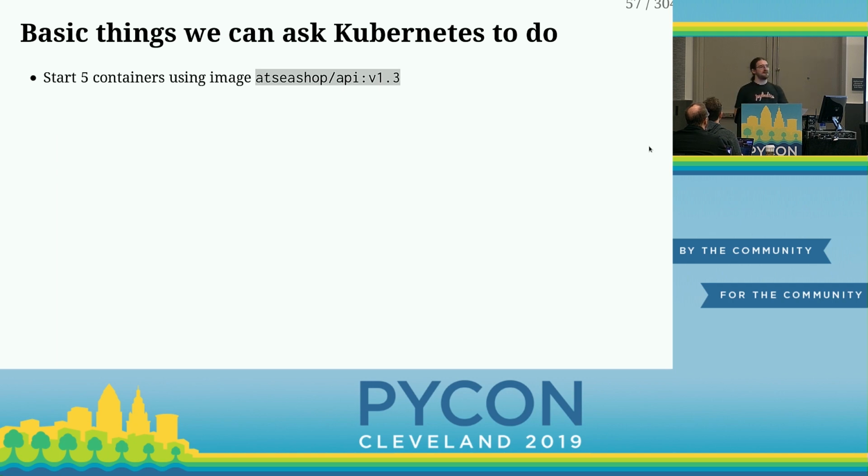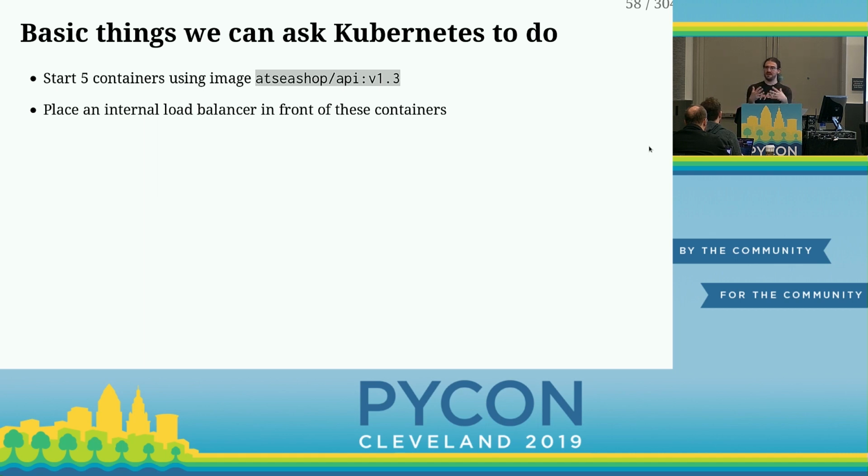Let's pretend for this example that I have an e-commerce website, and I decided to break that down into multiple tiers. I have a web front end, an API server, and my database somewhere. I want to deploy multiple containers running my API backend, and set up an internal load balancer for these API containers.